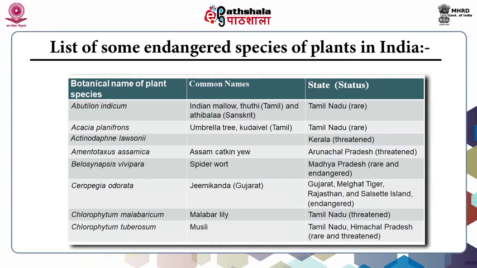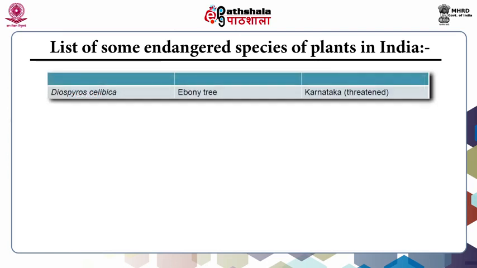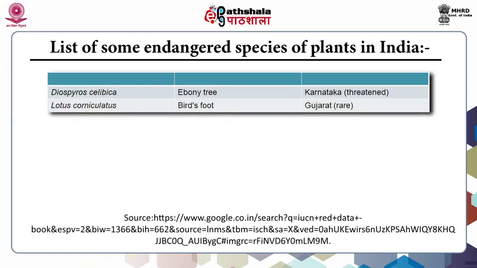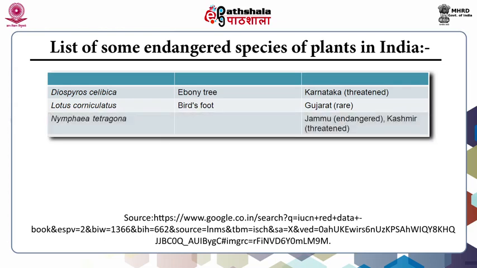Then Musli, found in Tamil Nadu and Himachal Pradesh, its status is rare and threatened. Then ebony tree, in Karnataka state, its status is threatened. Then bird's foot in Gujarat state, its status is also rare. Then Nymphaea tetragona, that is endangered in Jammu and threatened in Kashmir.